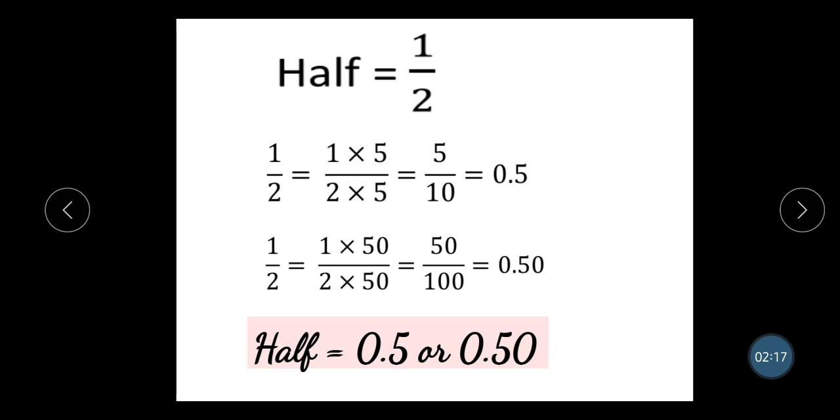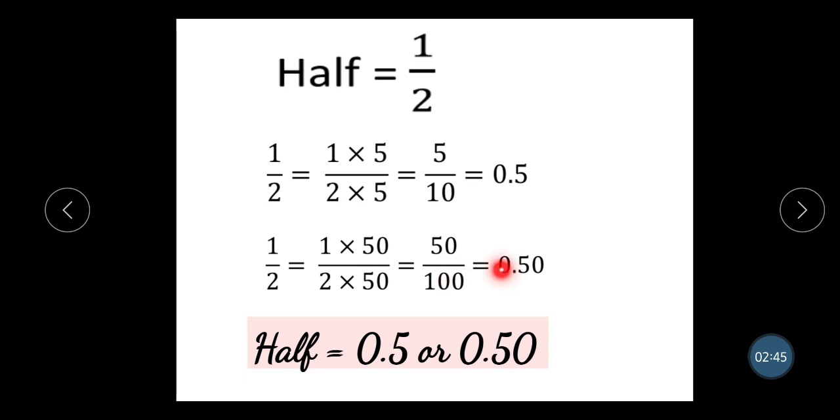Children, you can multiply it by 50 also. Why? Because you will get the denominator as 100, as 2 is a divisor of 100. Now, 1 upon 2 is equal to 1 into 50 upon 2 into 50. As you are multiplying the denominator by 50, you are supposed to multiply the numerator also by 50. So, 1 into 50 is equal to 50 and 2 into 50 is equal to 100. 50 upon 100.